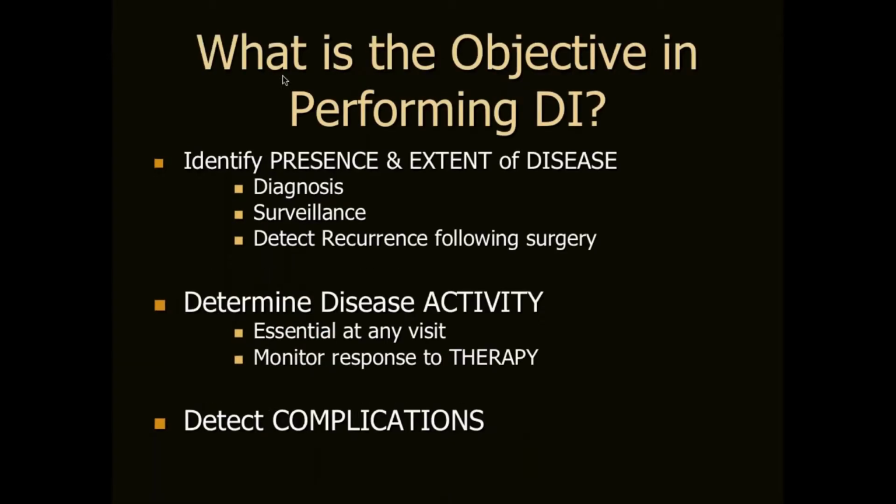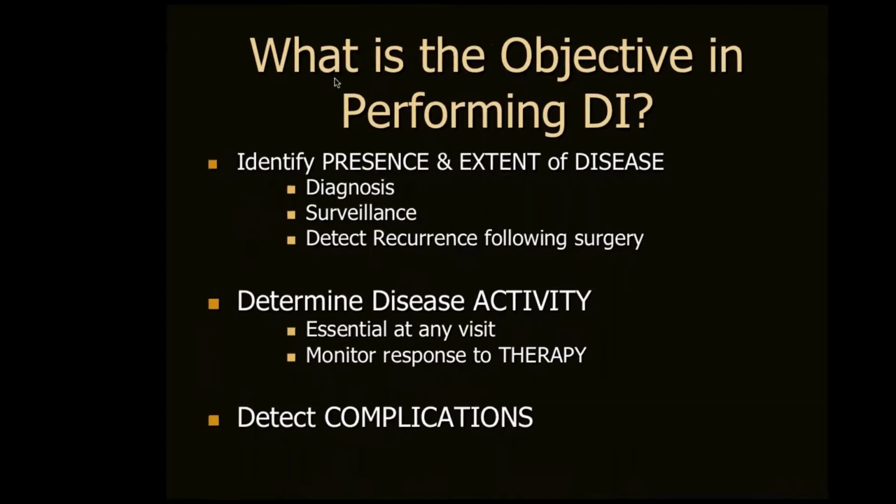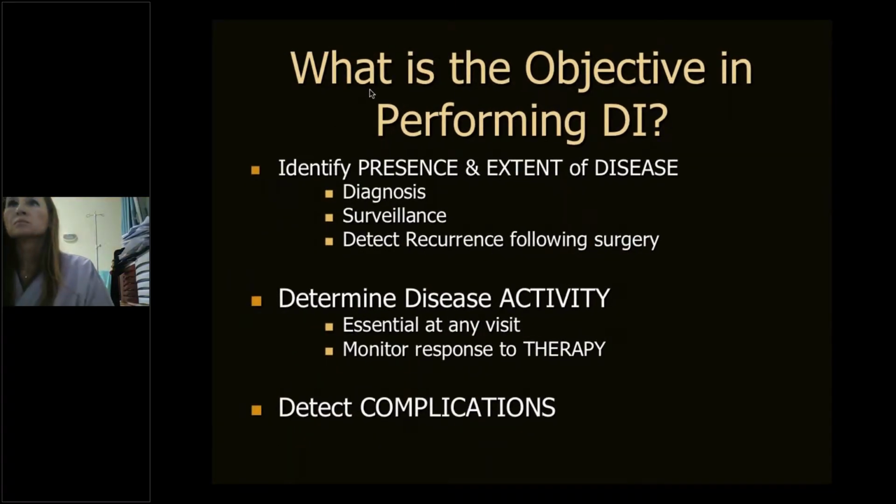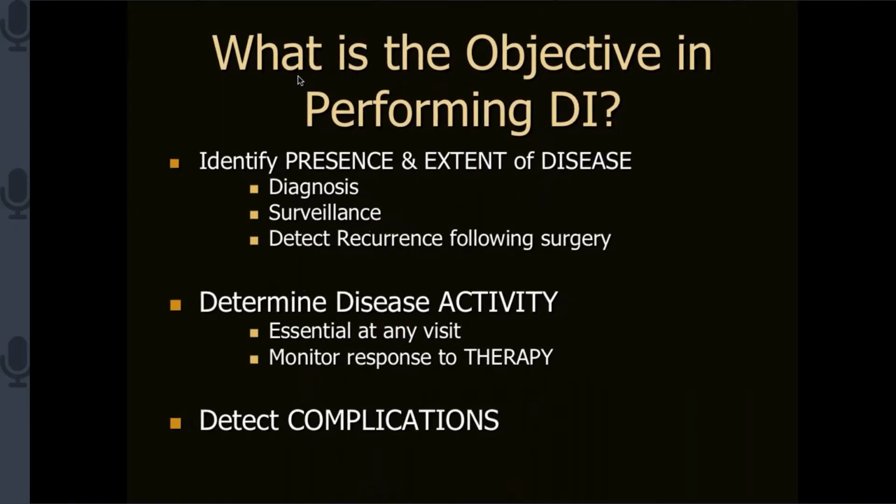Now, what is our objective when we're performing a diagnostic imaging test in a patient with Crohn's disease? Well, first of all, we want to identify the presence and the extent of disease. And so we're looking again at the patient at their first presentation. We look at them at the time of surveillance. And of course, we look at them when we're looking to detect recurrence following surgery, recognizing that this occurs at a very high rate.